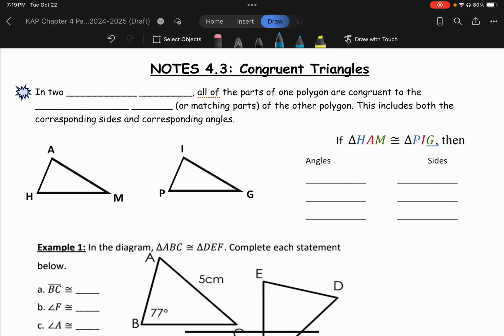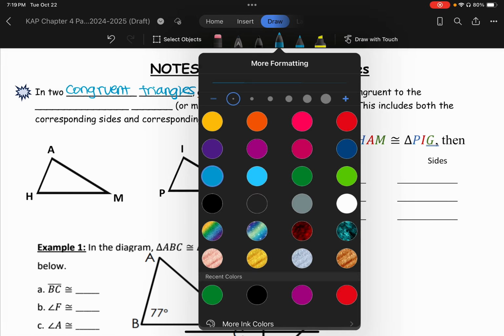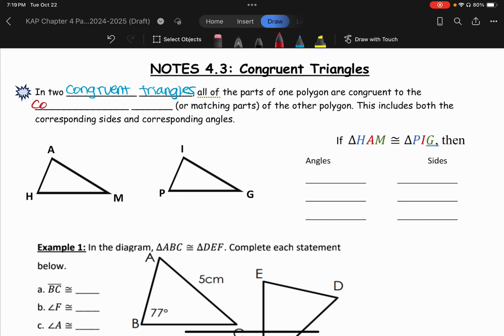And so to start off here in the first blanks, in two congruent triangles, all of the parts of one polygon are congruent to the, and this part's important, corresponding parts of the other polygon, okay? And we've already talked about corresponding before.